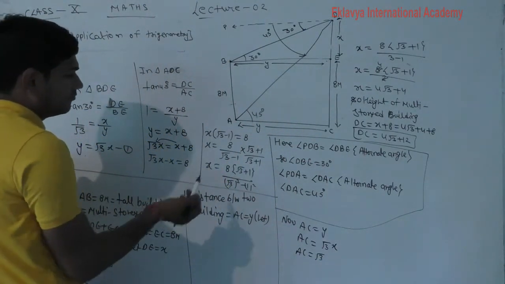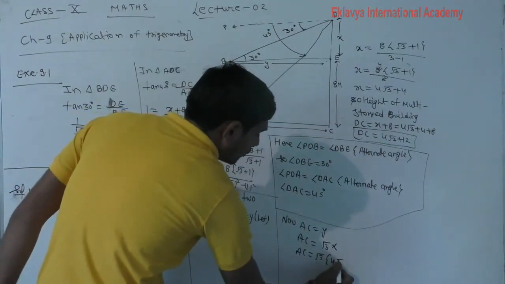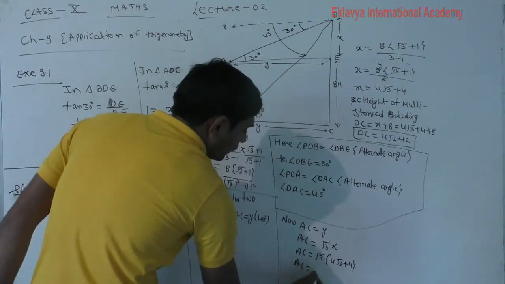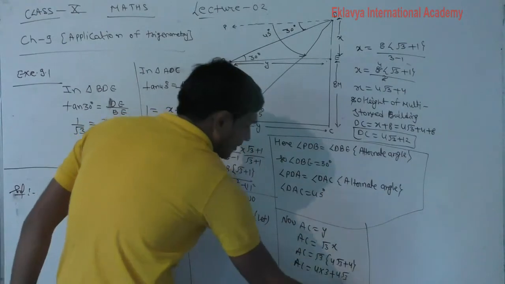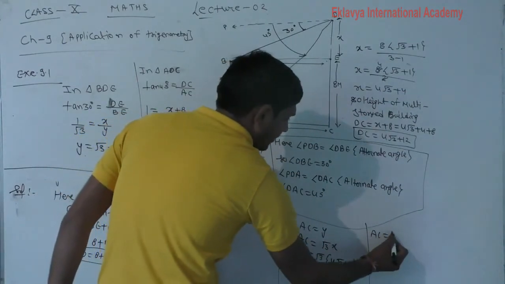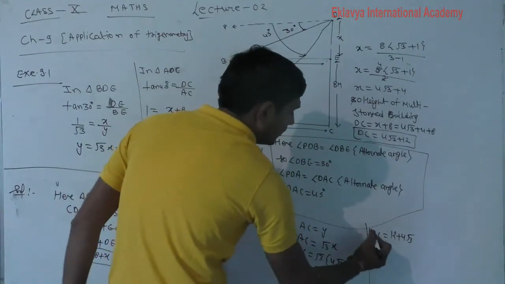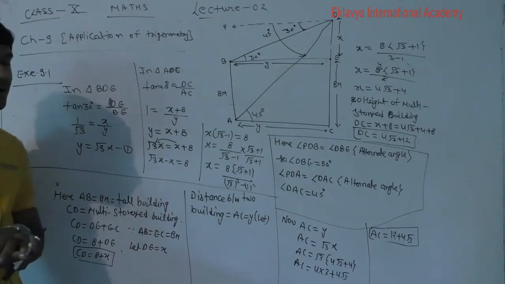X value is 4 root 3 plus 4. So AC value will come 4 into 3 plus 4 root 3, that AC will come 12 plus 4 root 3. So that is the distance between the two buildings.